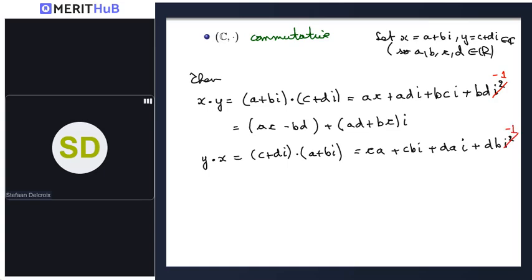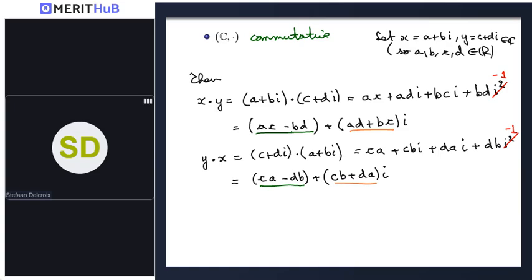So the real part this time is ca minus db, and the imaginary part is cb plus da. And the question is, are these two things the same? So is this equal to this? And is this equal to this?